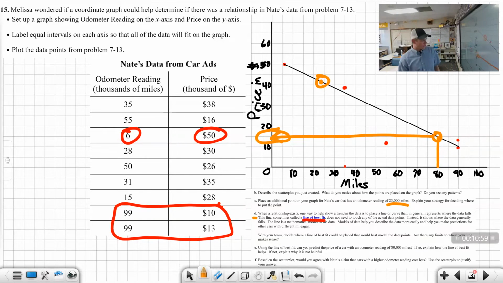Problem letter F. Based on this scatter plot, would you agree with Nate's claim that cars with a higher odometer reading costs less money? What do you think? Is that true? Is that true if you went to the car lot, Ford, Chevy, Dodge, Honda, Toyota, any of them, and you bought a brand new car, 0 miles?